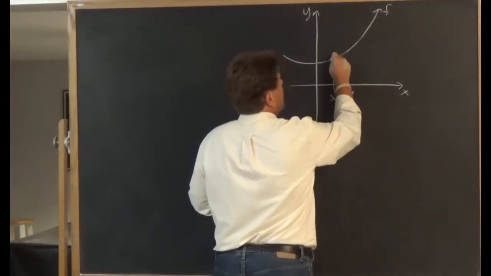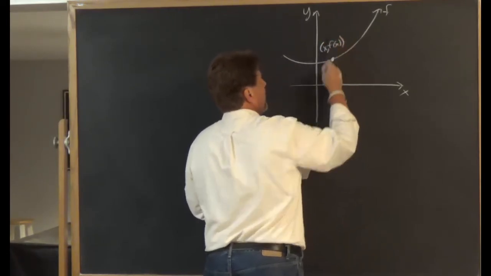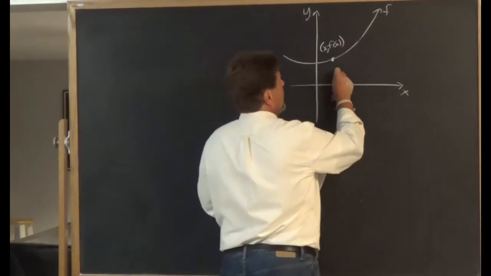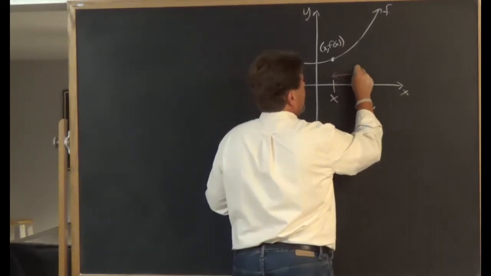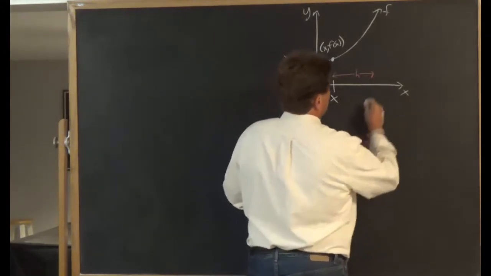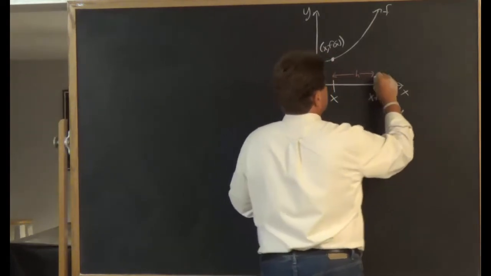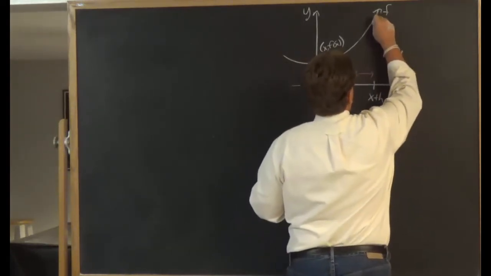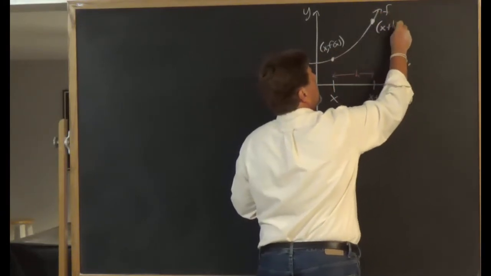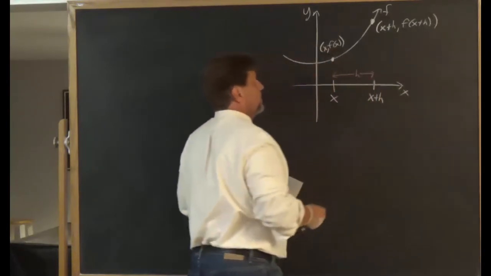We know this point on the curve is x, f of x. Okay, you've got to do the same thing. If I come to the right h units, that would drop me off over here at x plus h. So this point on the curve has coordinates x plus h, f of x plus h.